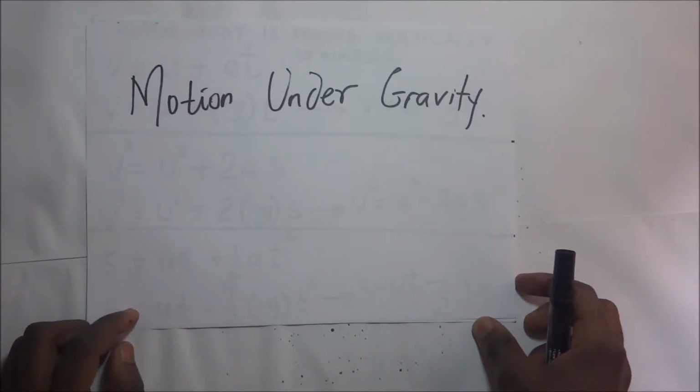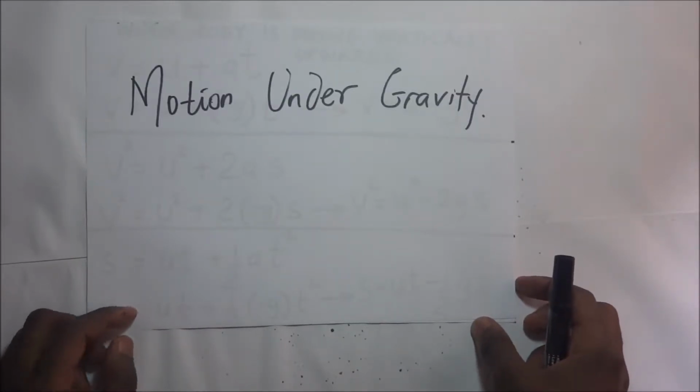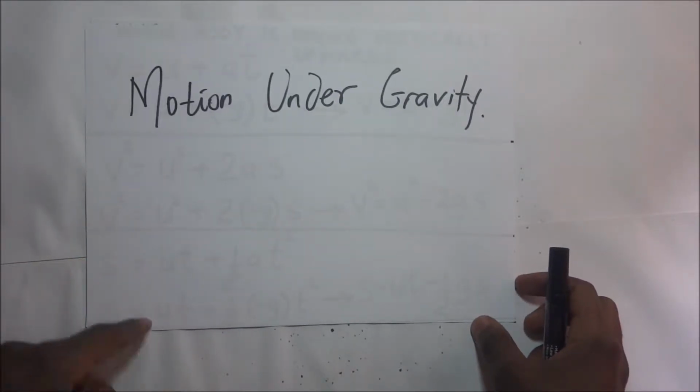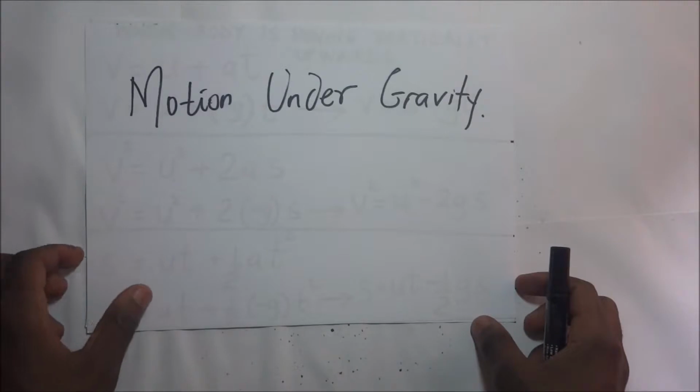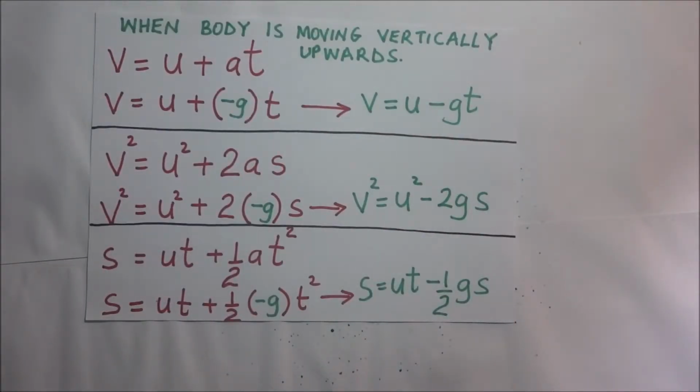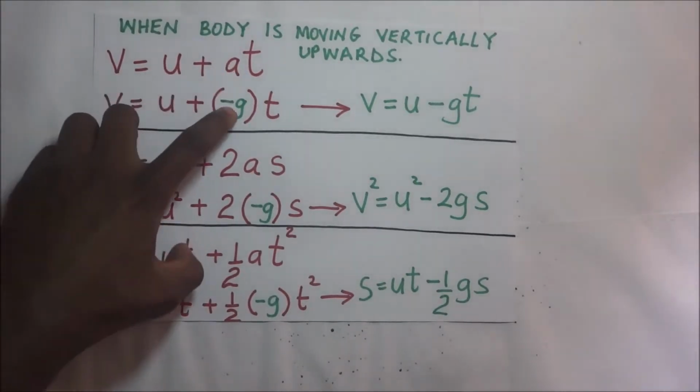Just like we had earlier derived our equations of motion, or our uniform acceleration formula, those very equations are going to be used here when we are dealing with motion under gravity, and definitely the value of a is going to become negative g.